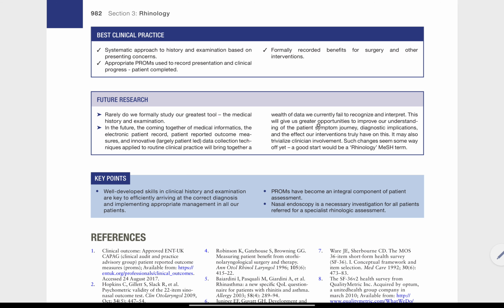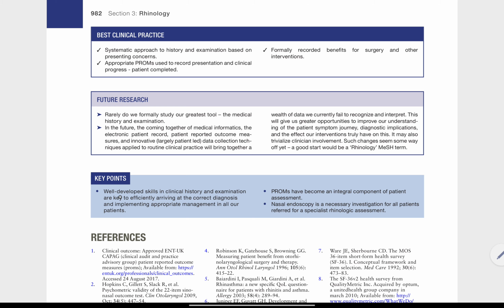This will give us greater opportunities to improve our understanding of the patient symptom journey, diagnostic implications, and the effect our interventions truly have. It may also trivialize clinician involvement. Such changes seem some way off yet. A good start would be the Rhinology MASH team.